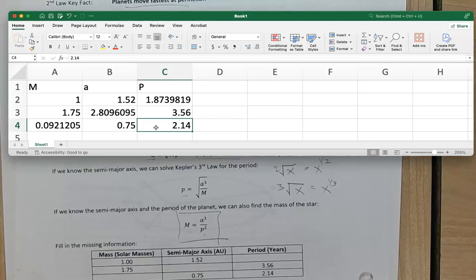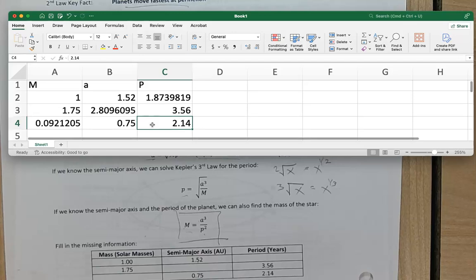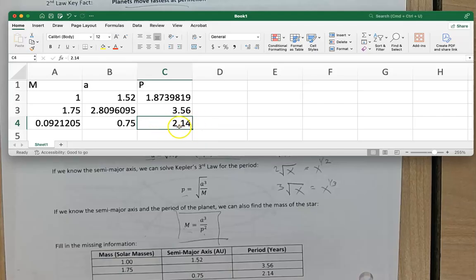The gravitational pull of that star must be so weak that even though you're pretty close to it, it still takes 2 years to go around it. Right? So that tells you something about how strong the gravitational force is. The gravity of that star is not strong enough to pull that planet around any faster in a shorter amount of time. How can the gravitational pull of that star be so weak? Well, it must be lower mass. So that makes sense.